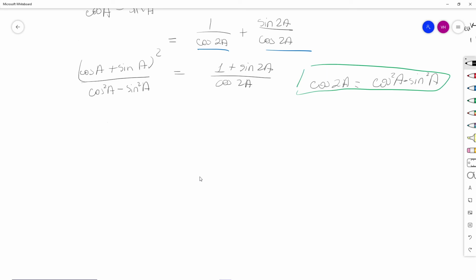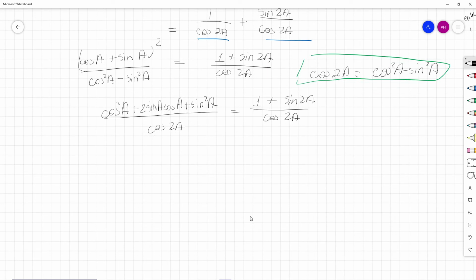So let's simplify it and open the numerator as well, obeying the normal rules of opening a quadratic. So it will be cos squared a plus 2 sine a cos a plus sine squared a over cos 2a equals 1 plus sine 2a over cos 2a.